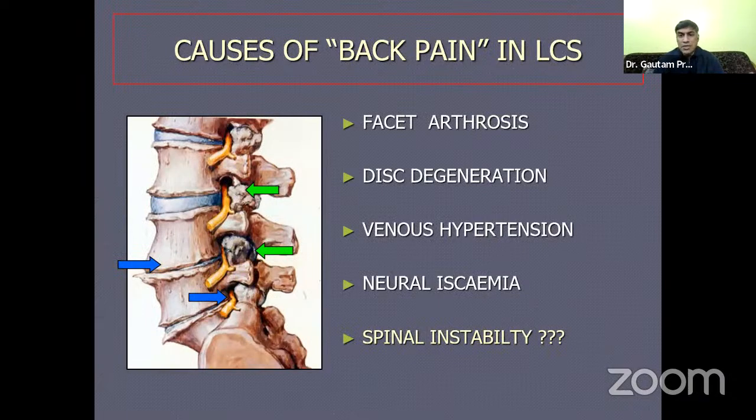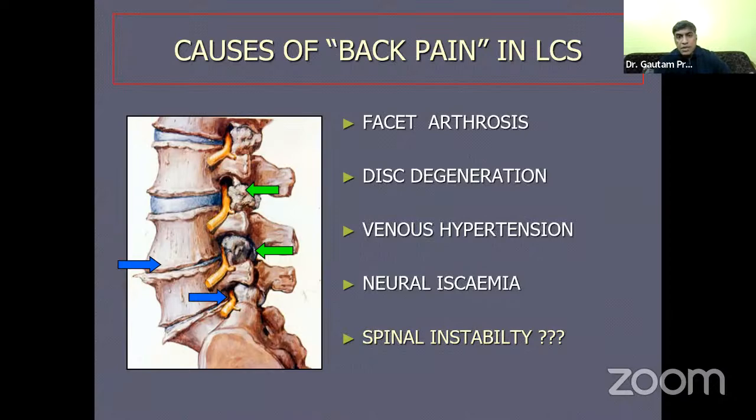Now, why does back pain happen in lumbar canal stenosis? The reasons are degenerative processes. The degeneration of the facets and disc degeneration, both are known to cause back pain. Along with this, venous hypertension or neural ischemia can lead to an increase in back pain.